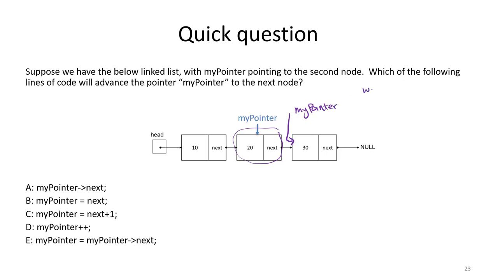So we want to make my pointer point at the third node instead of the second. So the question here is, which of the following lines of code would correctly advance my pointer to point at the next node, or third node in the list? See if you can identify it. Take a moment and think about it.